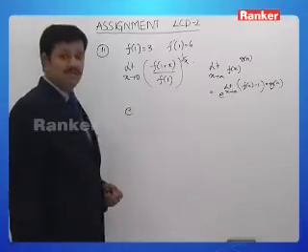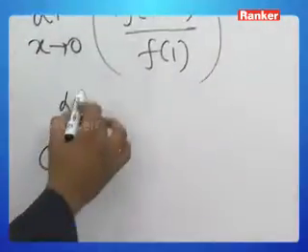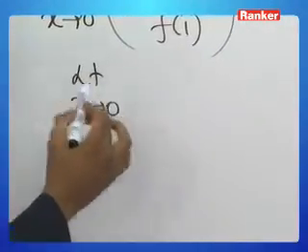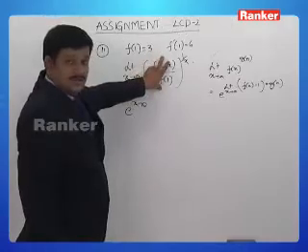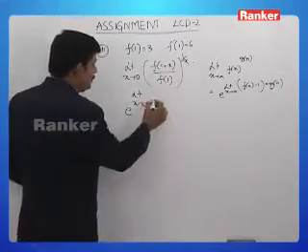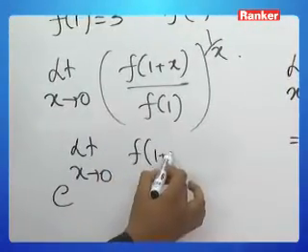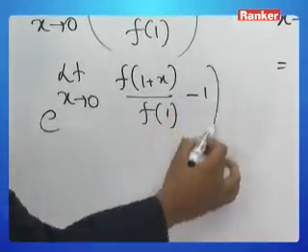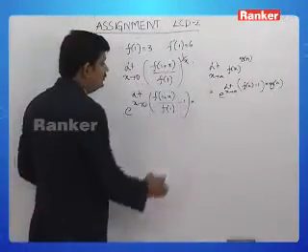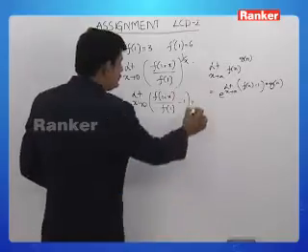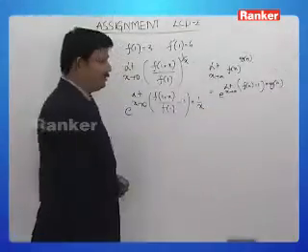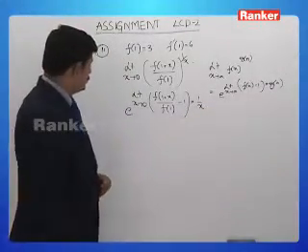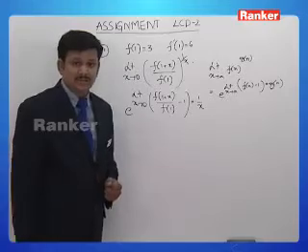This limit will be limit x tending to 0 of f of x, the base, minus 1, that is f of 1 plus x divided by f of 1 minus 1, into g of x, which is 1 by x. So, now our target is to evaluate this limit.